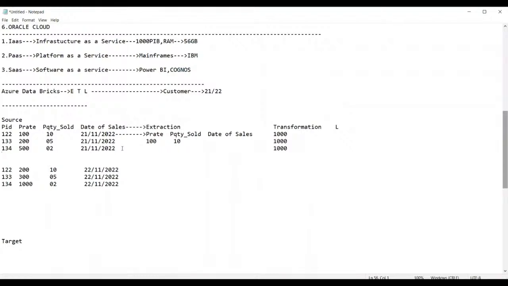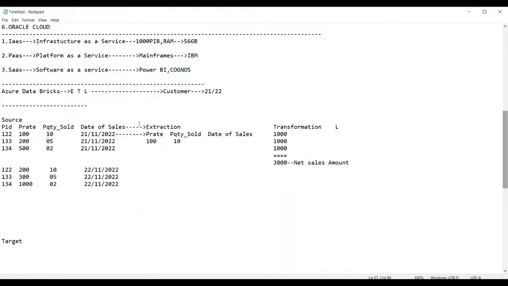The sum of these three is 3000. So 3000 is the net sales amount. Am I right, everyone?